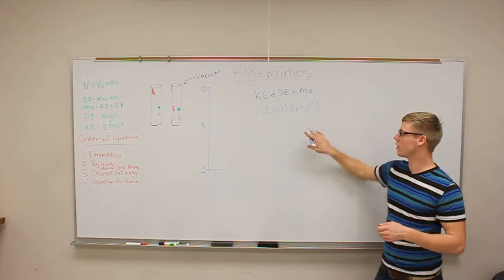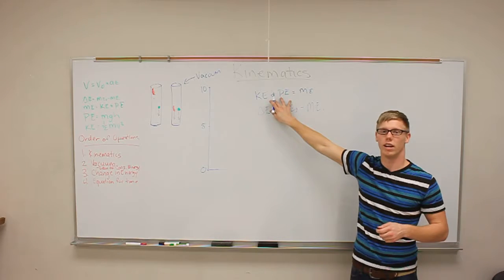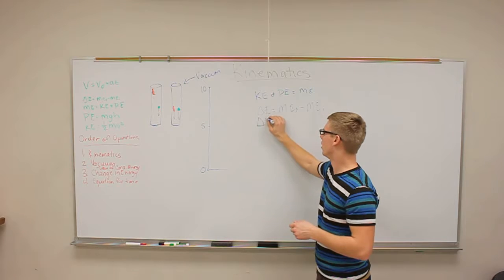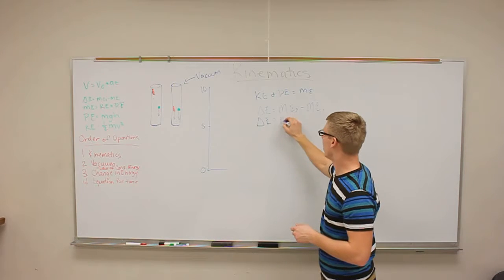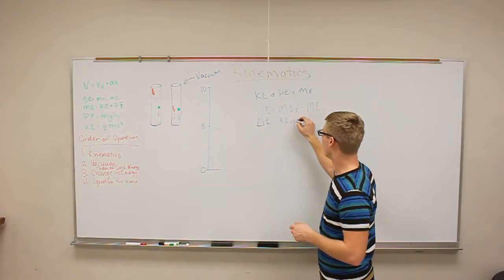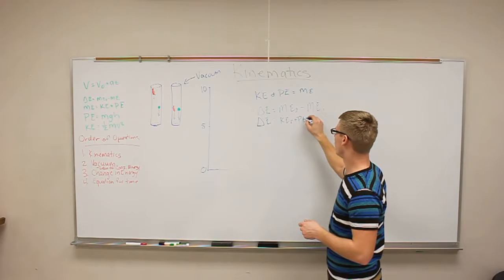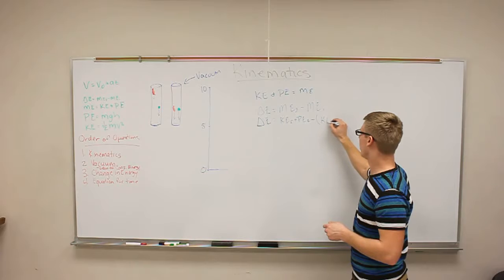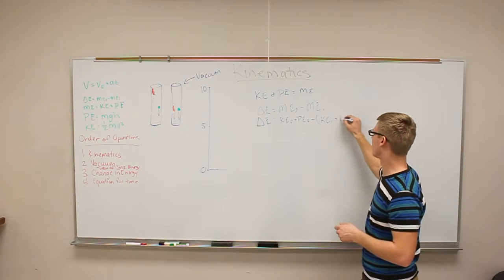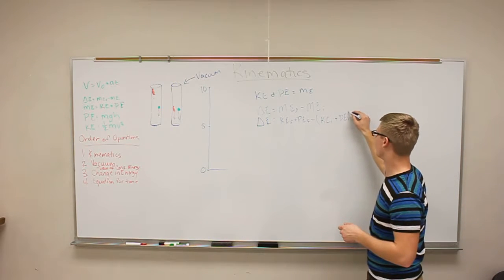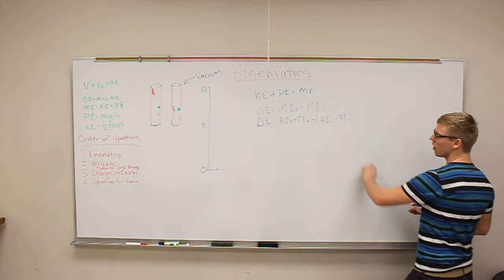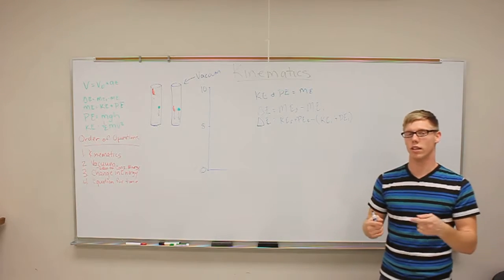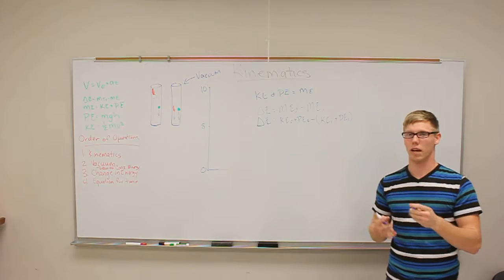If you break this down into both components of kinetic energy and potential energy, you have what is known as delta E equals kinetic energy final plus potential energy final, minus kinetic energy initial plus potential energy initial. This enables us to learn an exact point of an object's energy level.